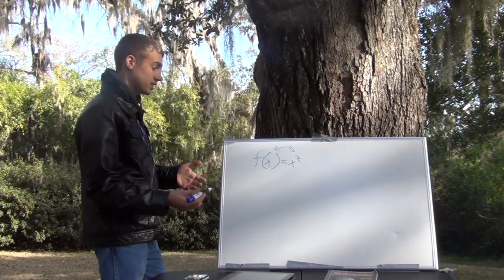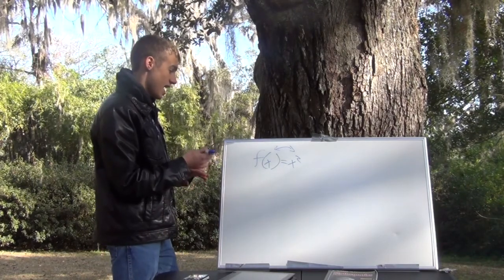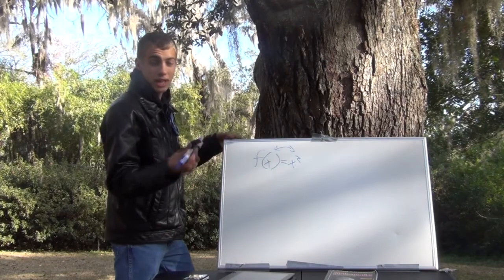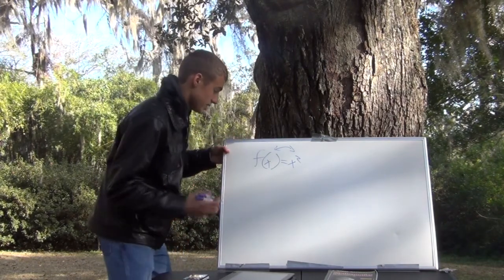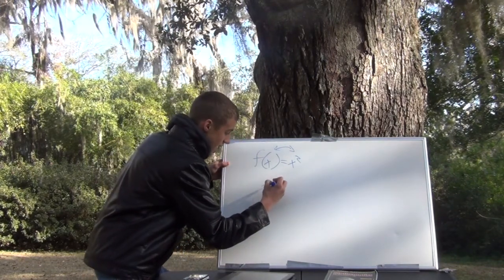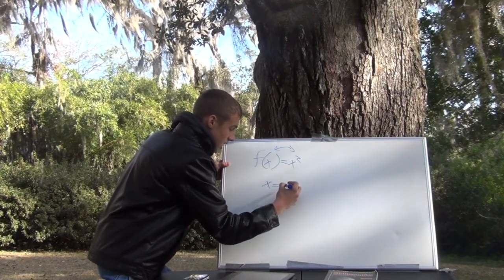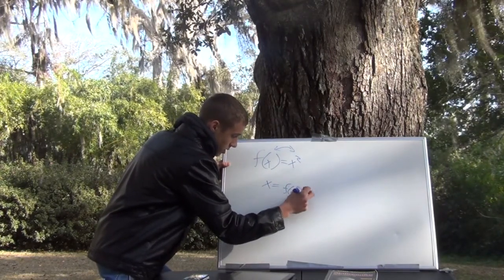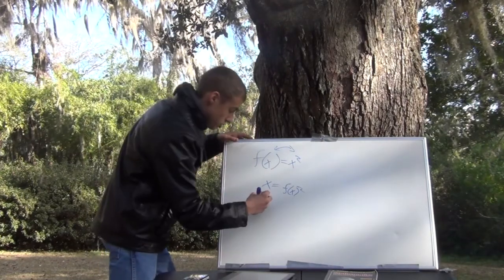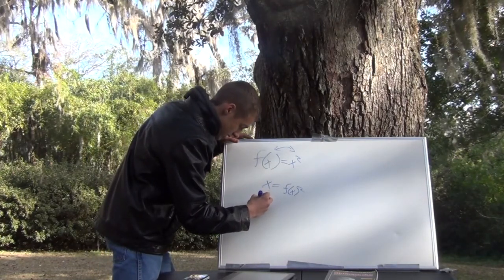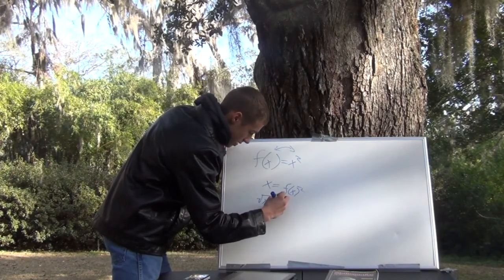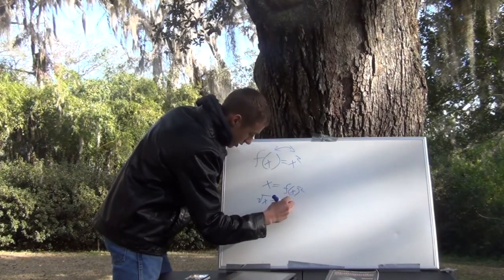The easiest way to do it is to set f of x equal to x and your x equal to f of x. So you do this, and what you'll get is x equals f of x squared. You solve for that, you'll get the square root of x equals f of x.